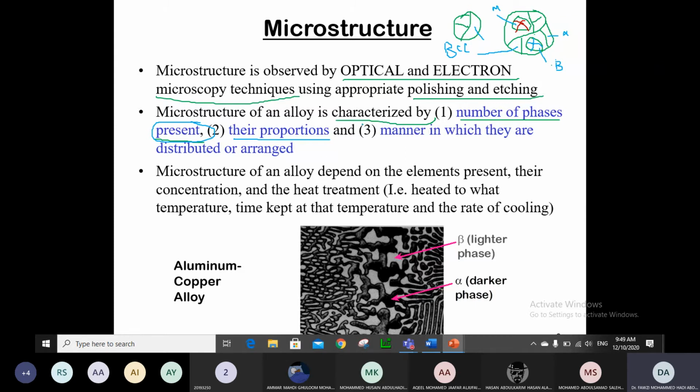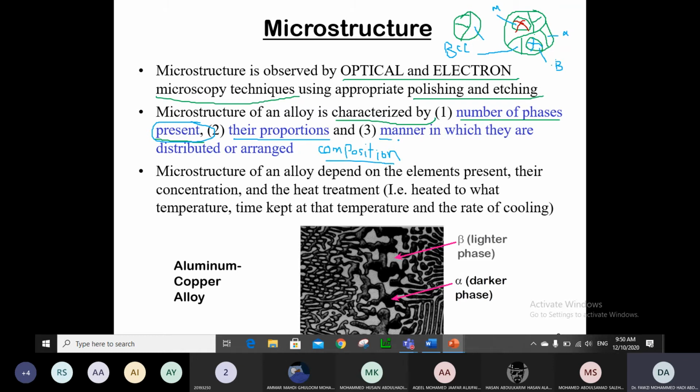So also, in addition to these that we have mentioned, the composition of each phase is very important. Part of characterizing the microstructure of the material as well.